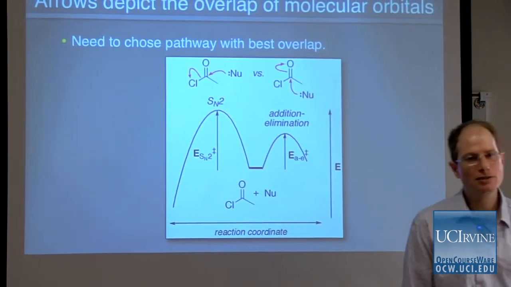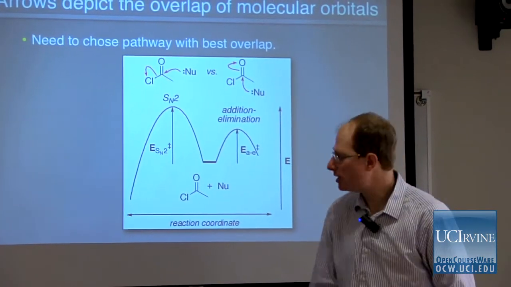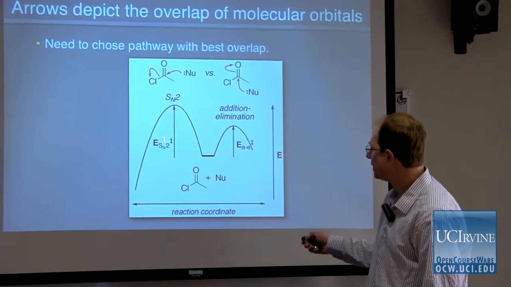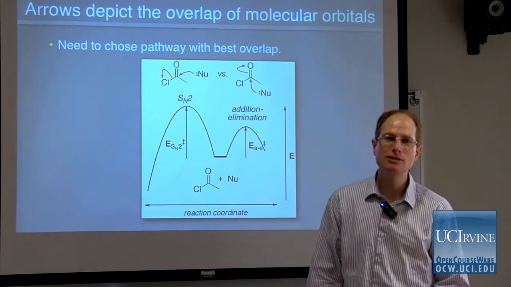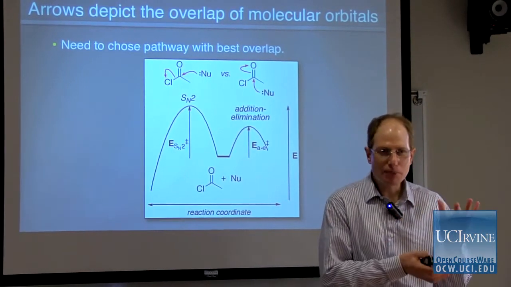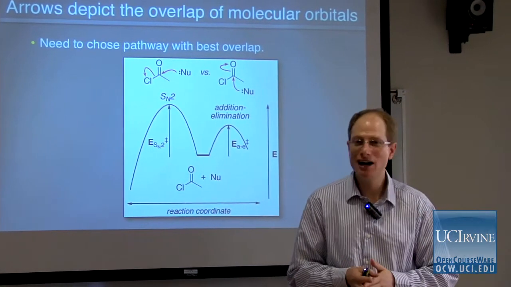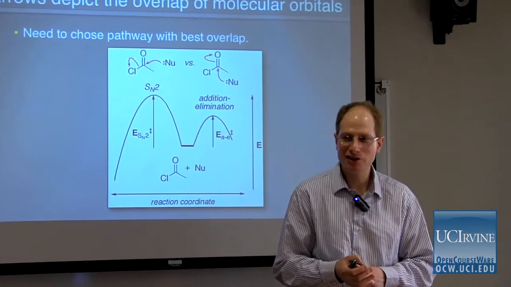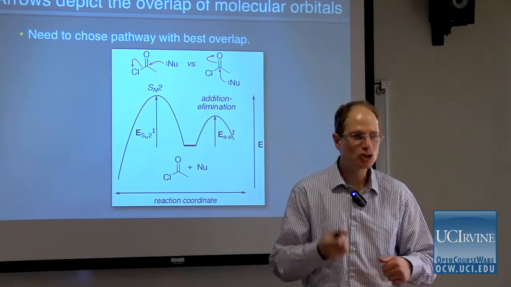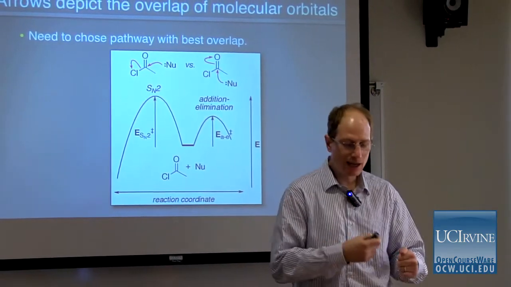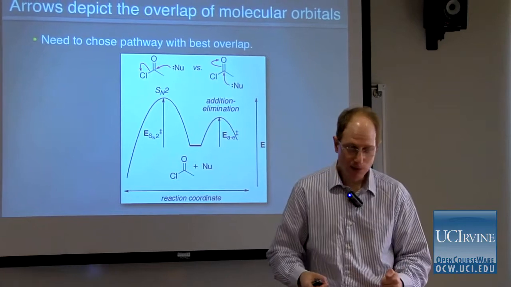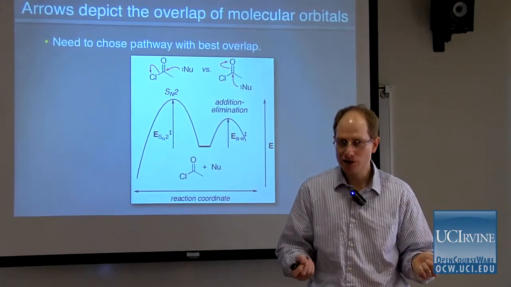Now, two possibilities: small little hill, big hill. Which of these two is preferred? Small hill, big hill. All right, now let's just imagine you're an electron. You have to decide. Which one would you prefer? Would you prefer tramping up the very steep ski slope, or would you prefer the much shorter hill?